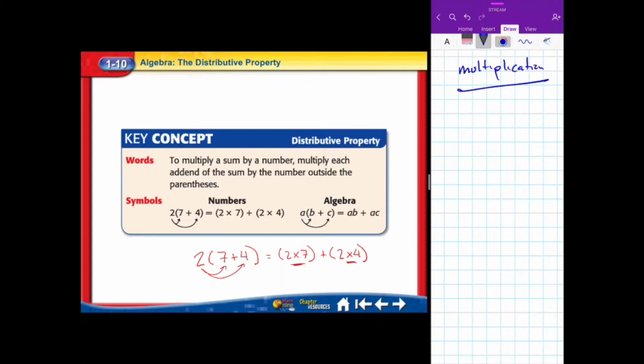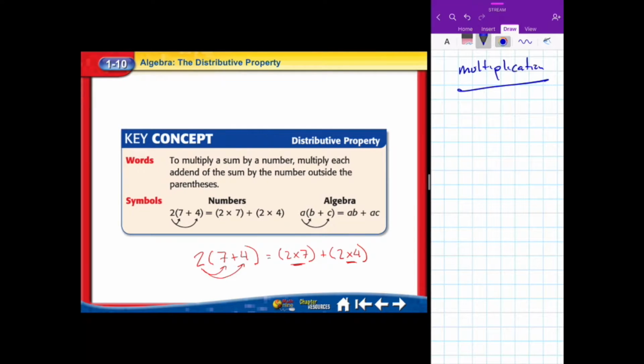Sometimes when you add these two things up and then multiply them outside, that number can get very large. Now this example, 7 plus 4 is 11, and we know that 11 times 2 is going to be 22. This is a small number, but as the numbers get larger, they're much harder to figure out. So it's easier to use the distributive method.